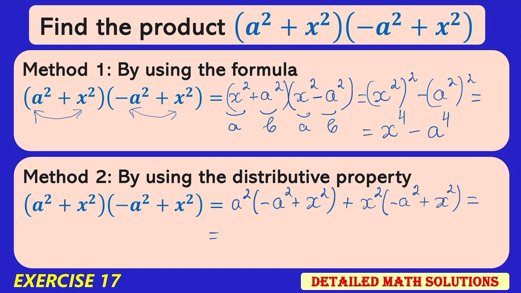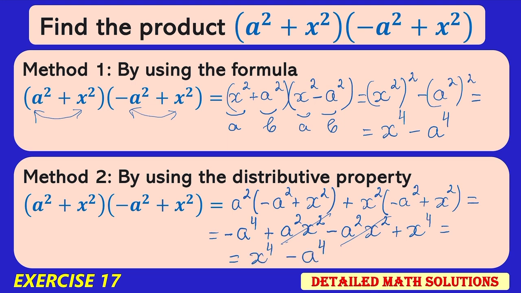This equals minus a to the fourth power plus a squared x squared minus a squared x squared plus x to the fourth power. Again, a squared x squared and minus a squared x squared cancel out, and this equals x to the fourth power minus a to the fourth power.